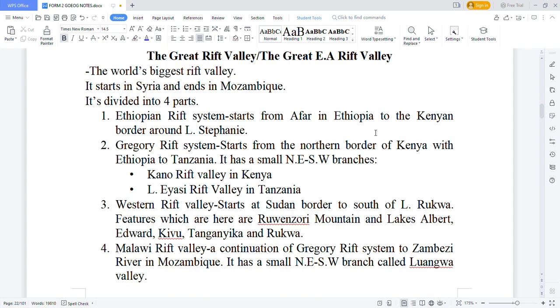Number 2, the Gregory Rift System, starts from the northern border of Kenya with Ethiopia to Tanzania. It has small northeast and southwest branches: the Kavirondo Rift Valley in Kenya, and the Lake Eyasi Rift Valley in Tanzania.